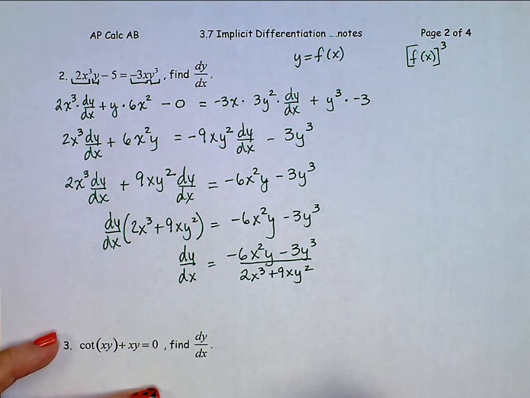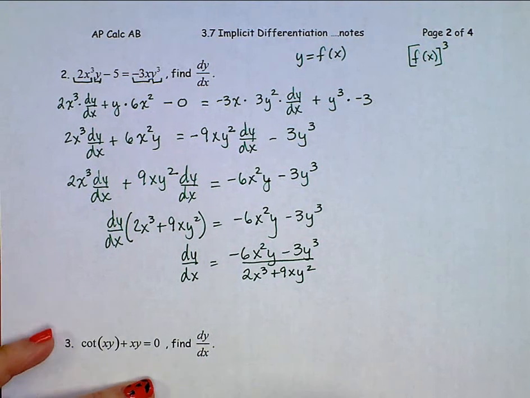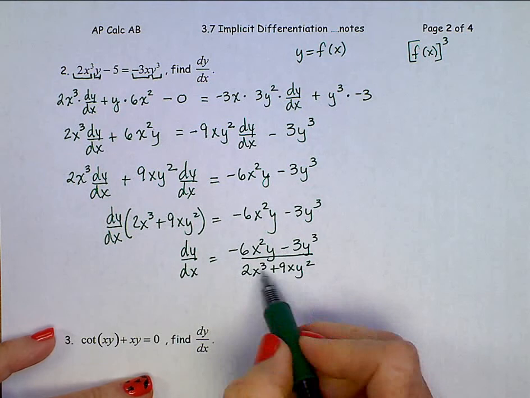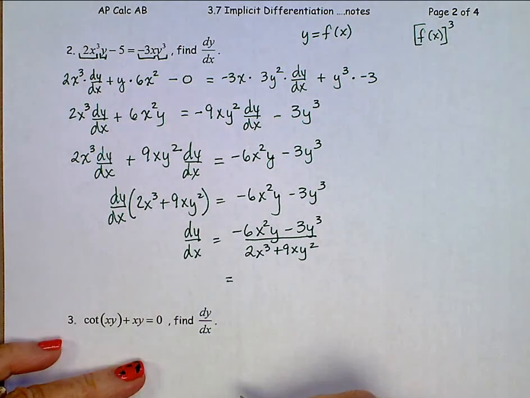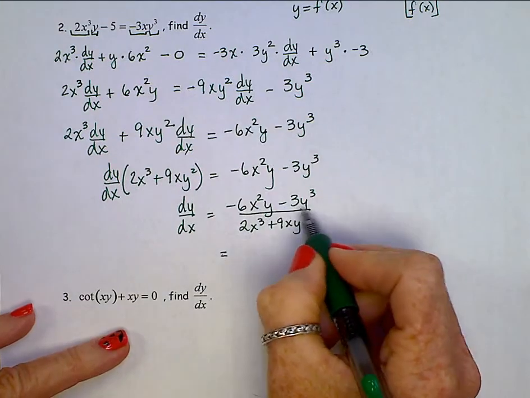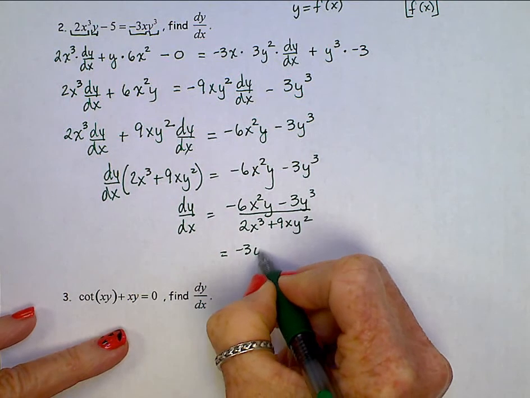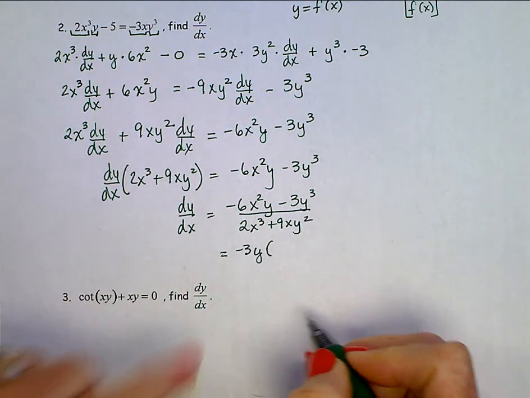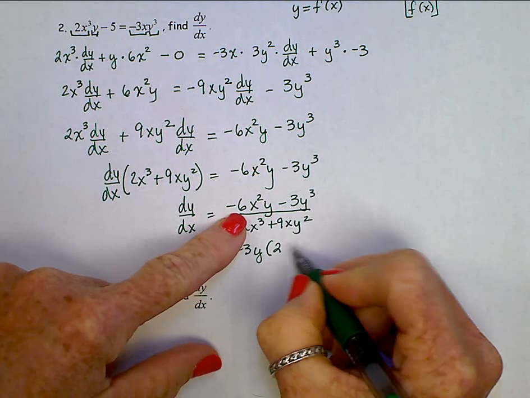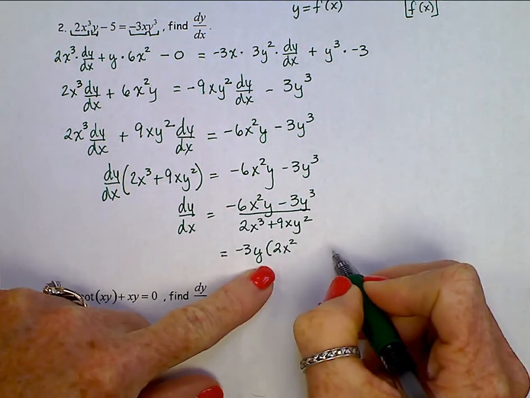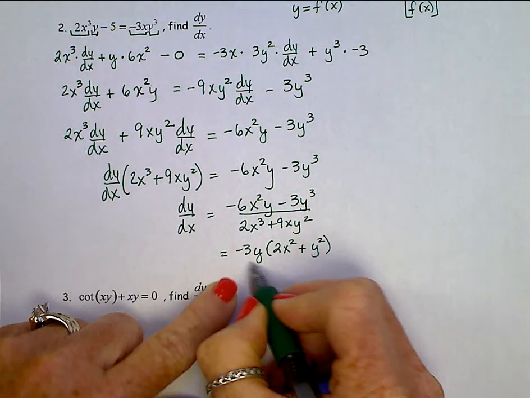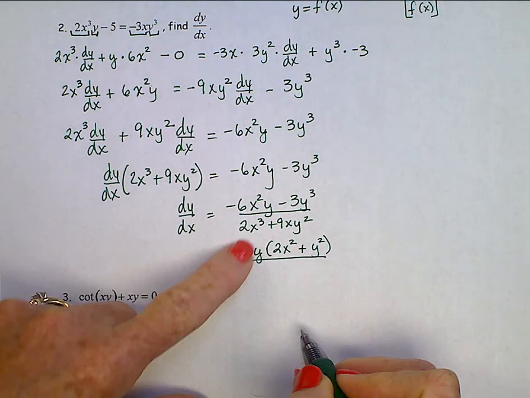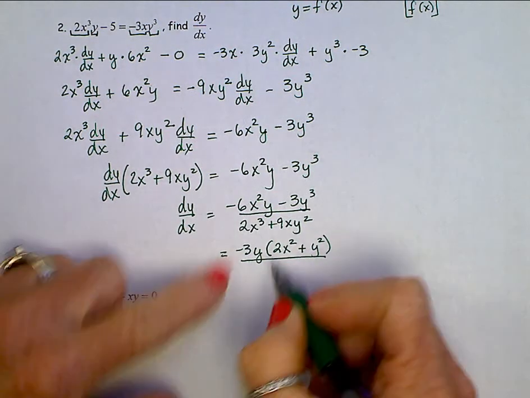All right, one last step. I see common factors in the numerator and common factors in the denominator. I wonder if we factor stuff out, if we can get something to cancel. In the numerator, we could factor out a negative 3y, and that will leave us with a 2x squared plus y squared. Denominator, we can factor out just an x.